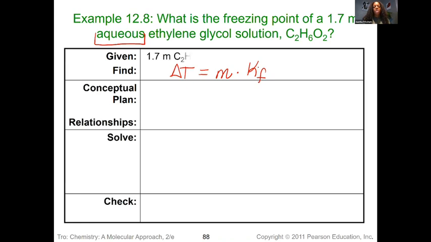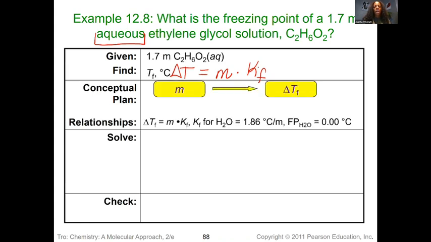And so if we don't know that value off the top, we could look at our chart on the previous slide, or as you can see here, the Kf for this would be 1.86 degrees Celsius per molal. So our delta T in this case would end up being our molal number, which is 1.7, times that Kf value, which is 1.86 degrees Celsius per m.